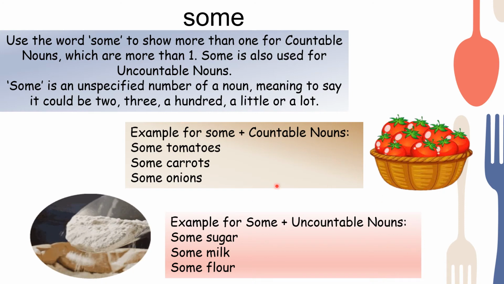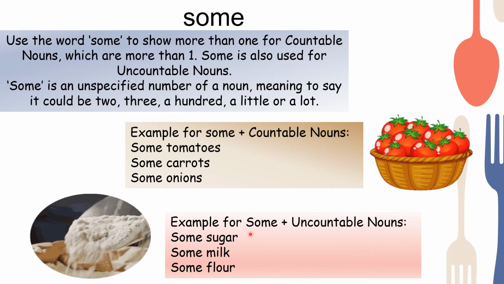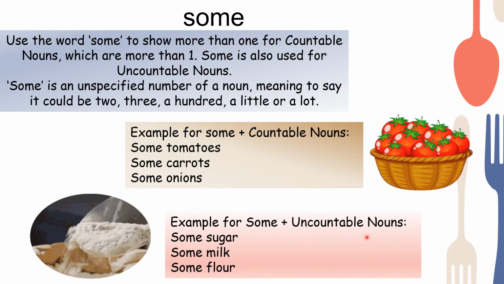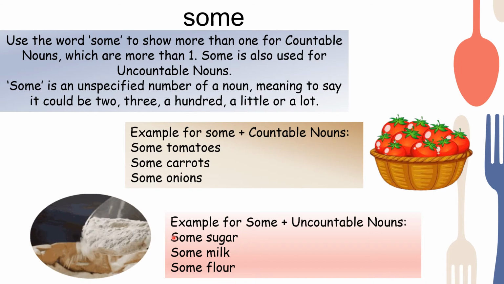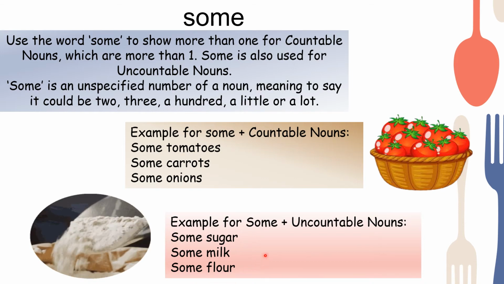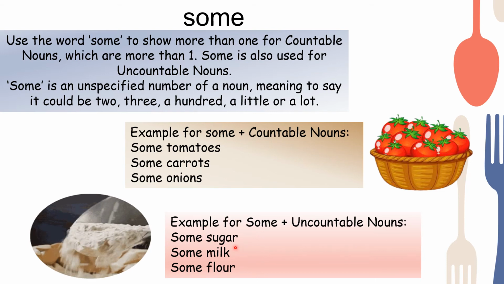Now let's have a look at the examples of the word some used with uncountable nouns. For example, some sugar, some milk, some flour. We use some because we do not know the amount of sugar or the milk or the flour.